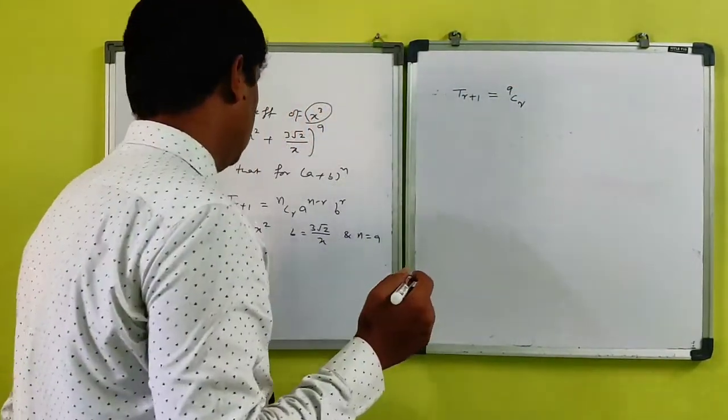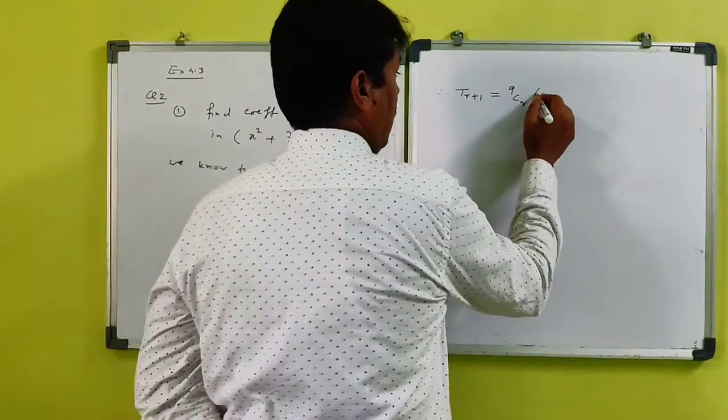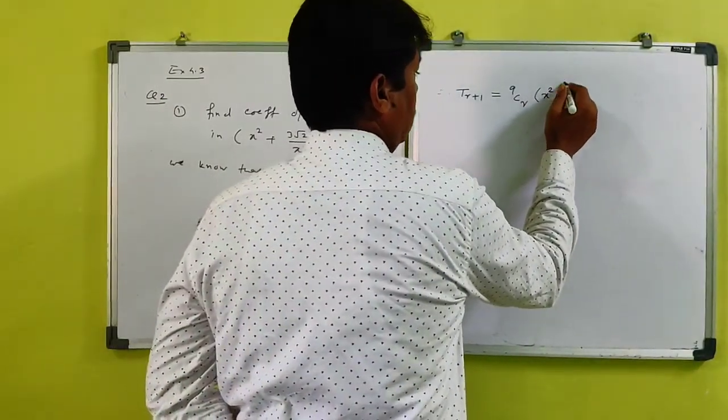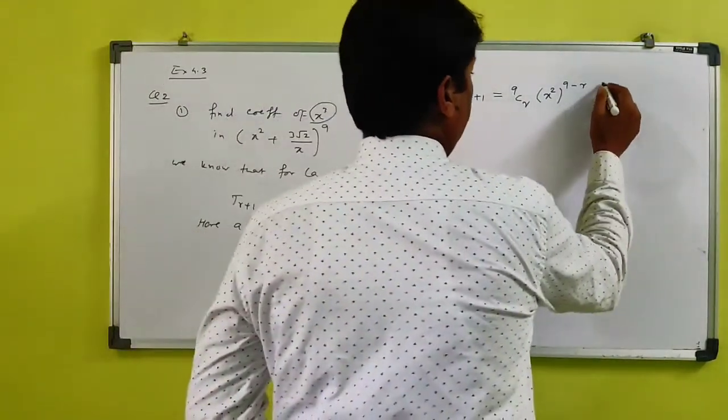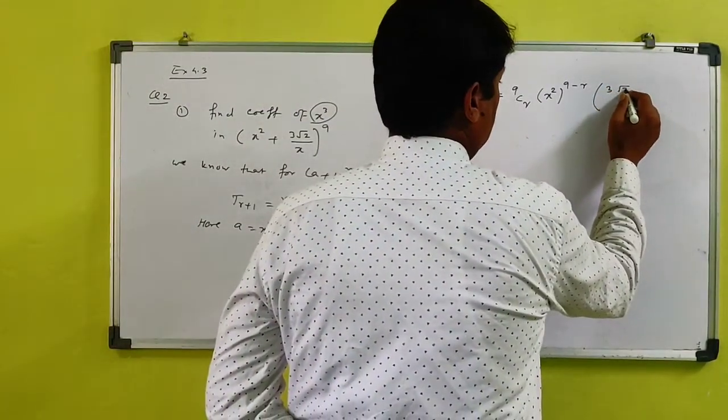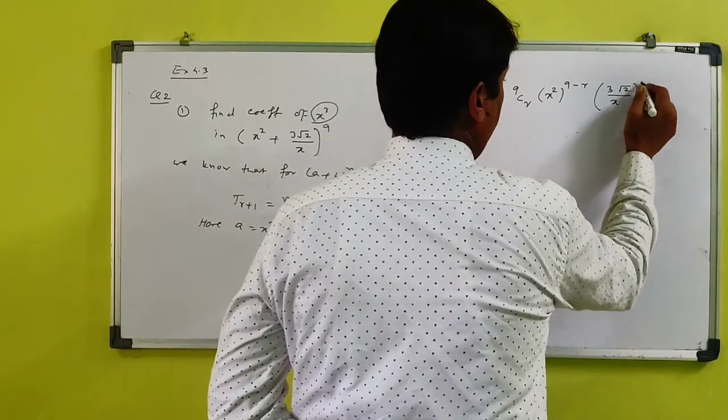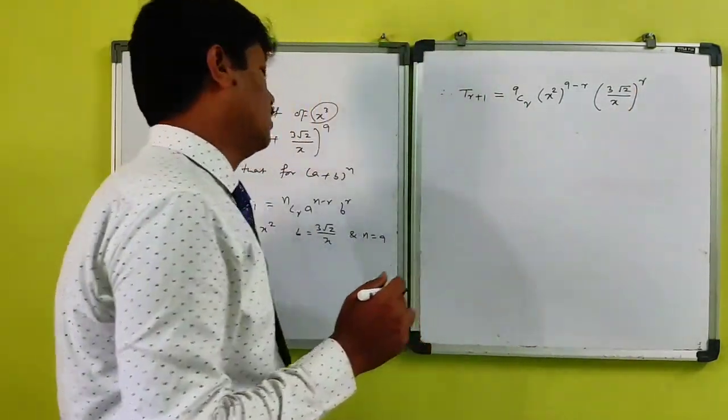A is x square, this becomes 9 minus r. B is 3 root 2 upon x raised to r, like this.